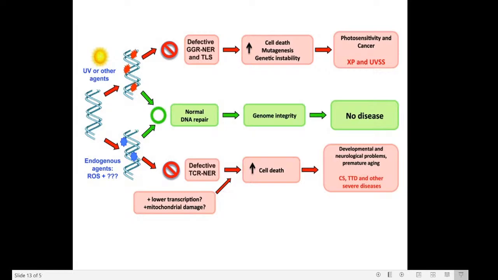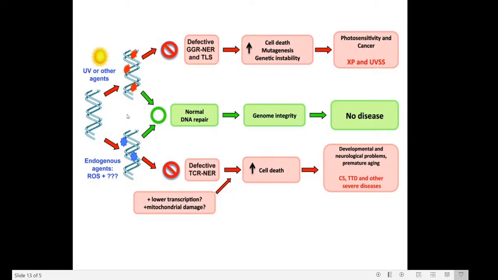Next, the normal one, with this green symbol, is normal repair, and genetic integrity is maintained. So there is no disease. Our system also repairs automatically in nature.